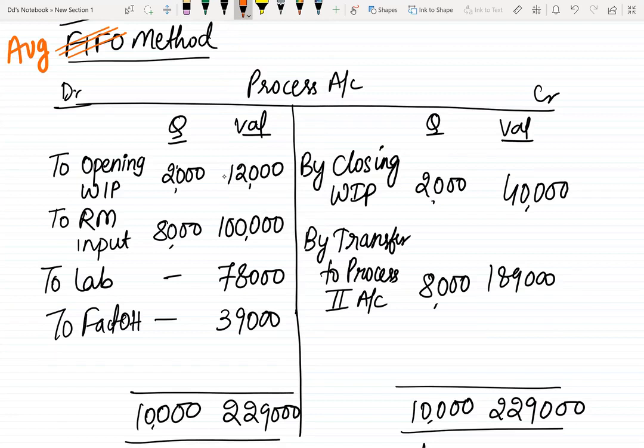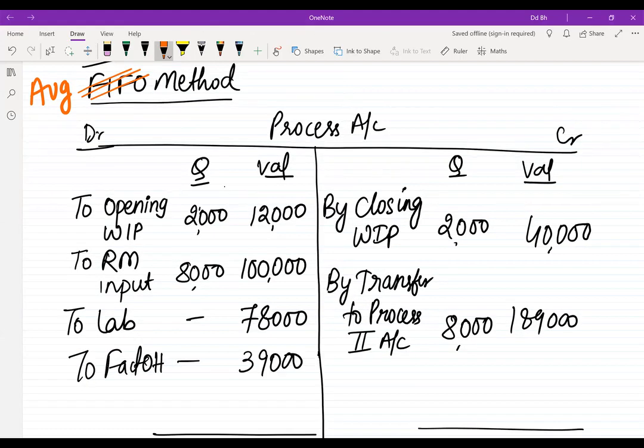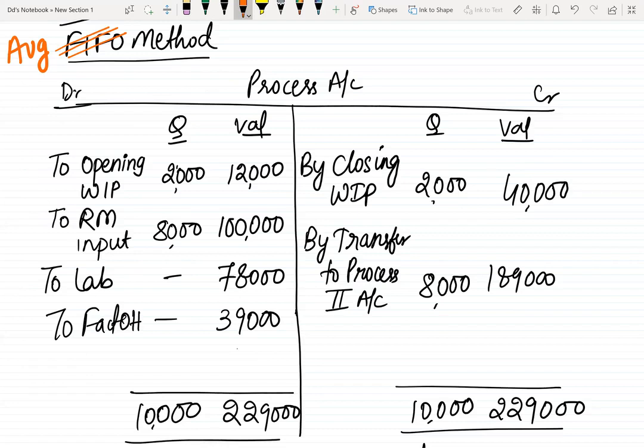Okay. Start again. Process account. By the way, we have to do all steps once again. Heading average method. Start process account. Process account. Debit quantity and value. Credit quantity and value.